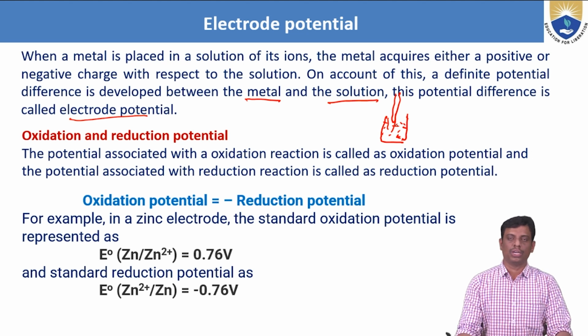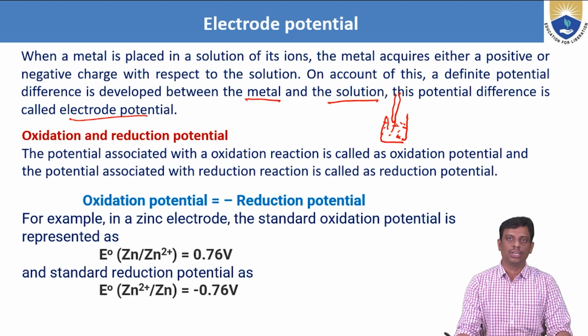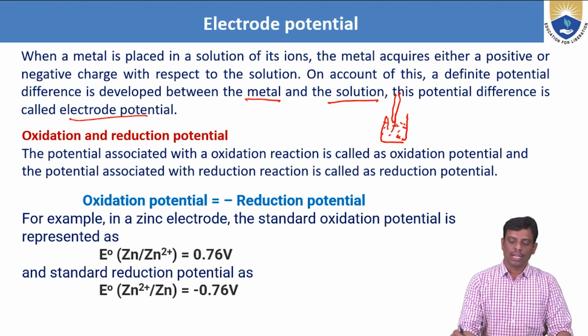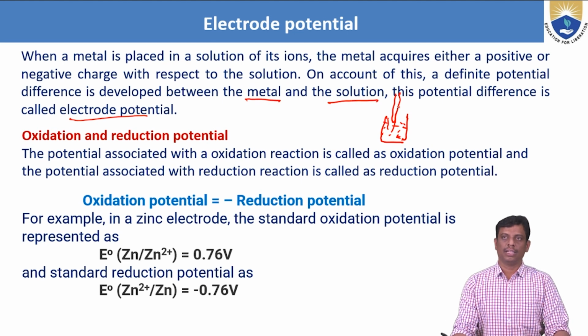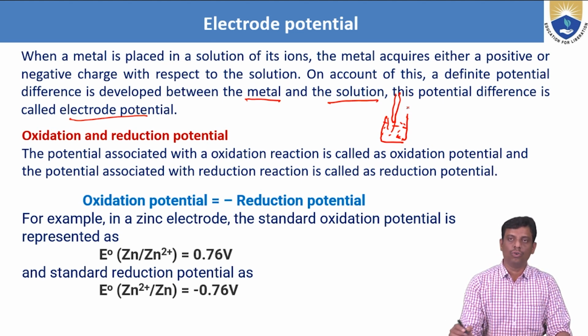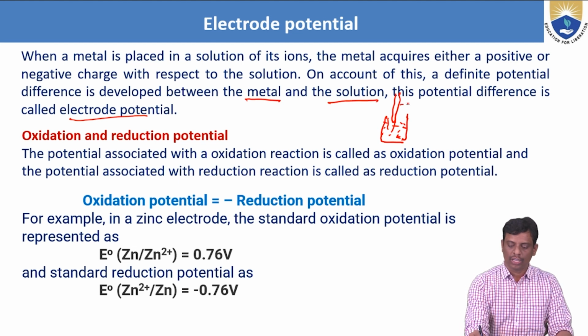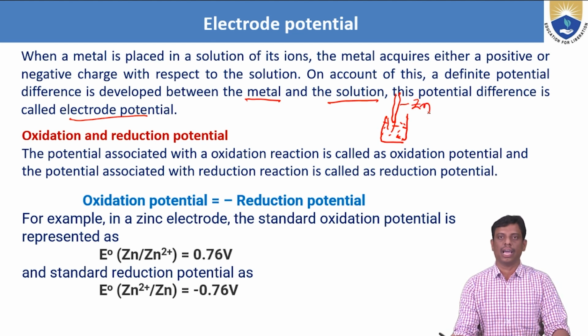In the electrode potential, what are the terms oxidation potential and reduction potential? If the electrode is an anode, for example zinc in the voltaic cell, then zinc acts as the anode.